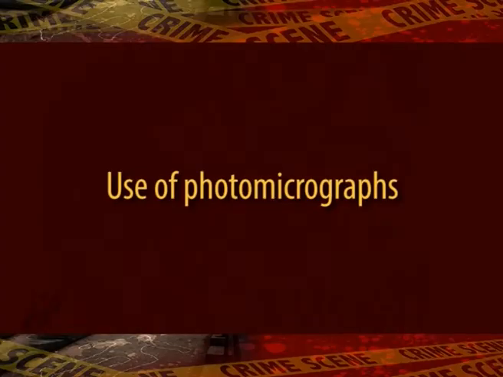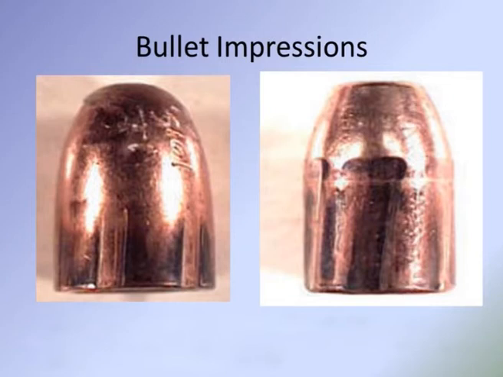Now, use of photomicrographs. This work got recognition in 1912 when Victor Bellstad made the next profound advancement in this science. Bellstad, in an attempt to identify the firearm from which the bullet had been fired, took photomicrographs of lands and grooves formed on the bullet because of the rifling present in the barrel of the firearm.